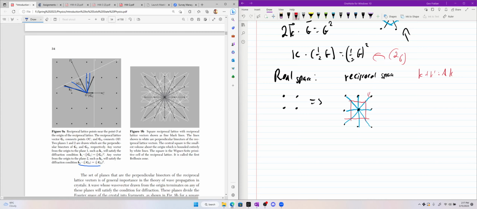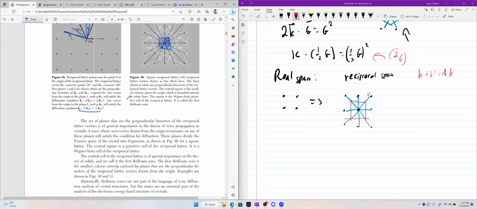If we take the white lines, these are the normals: normal 1, normal 2, normal 3, normal 4. A vector I could draw from the origin like that is valid, that's a valid wave vector, and so forth.